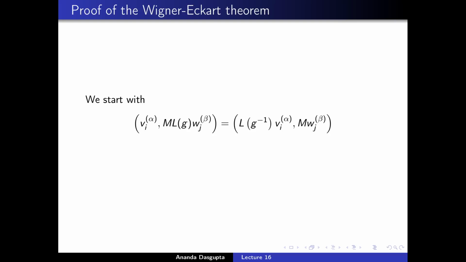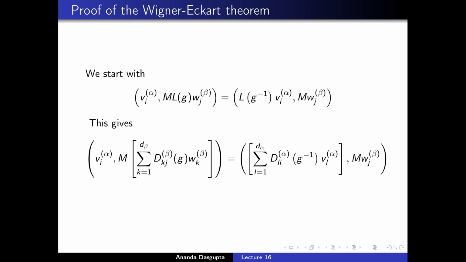We know that W_j^β and V_i^α span, or form parts of a basis which spans, irreducible invariant subspaces which transform according to the matrices D^α and D^β respectively. So what you end up with is this result.